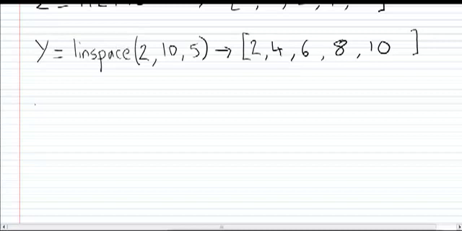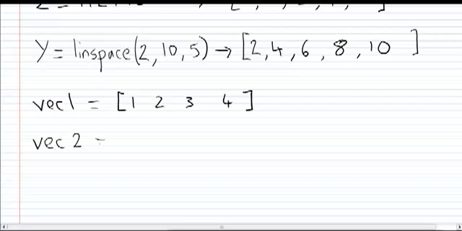So if we've got a vector, we'll call it again vec1, and it's a row vector, 1, 2, 3, 4. And I now want to turn that into a column vector for whatever reason, and I want the column vector to be called vec2. There are two ways of doing this.